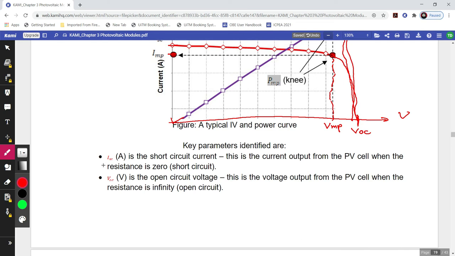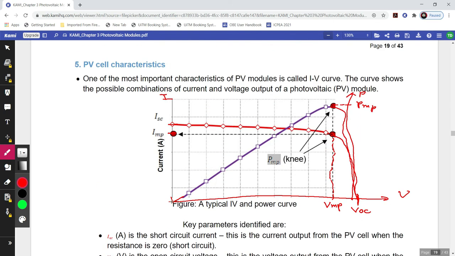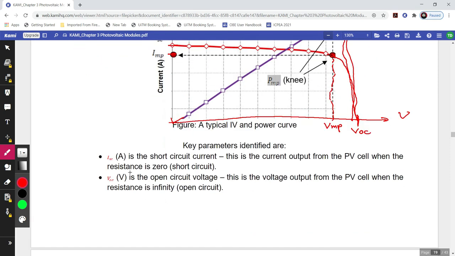ISC is the short circuit current. This is the current output from the PV cell when the resistance is 0, or short circuit. That means the voltage is 0. VOC is the open circuit voltage.